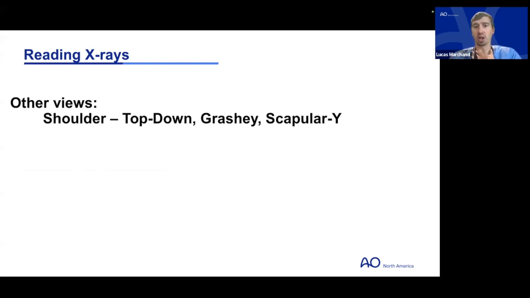The first joint I want to talk about specialized views on is the shoulder joint. The shoulder includes a couple of specialized views, such as the top-down view, which is really a view to look at the clavicle; the Grashey view, which is an offshoot of the AP of the shoulder, where you're looking right down the glenoid, and we're going to see some examples of that in the coming slides; as well as a scapular Y view, which allows you to look at the glenoid fossa and also discern whether or not the humeral head is in a located position.